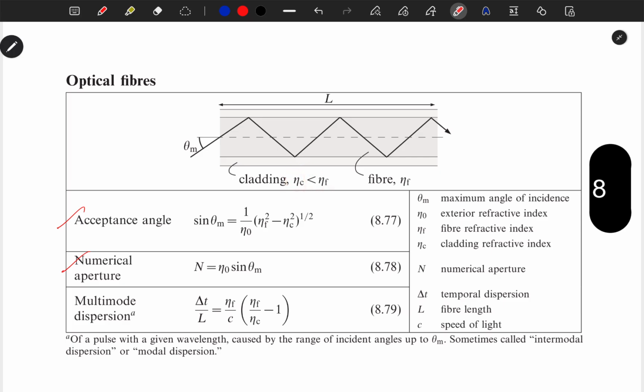So acceptance angle theta m, that is the maximum angle at which light can enter so that it will have total internal reflection. So sin theta m equal to 1 by eta 0 times (eta f square minus eta c square) to the power half. Eta 0 is the exterior refractive index; in case of air, it is 1. That is the acceptance angle. Numerical aperture N equal to eta 0 sin theta m.